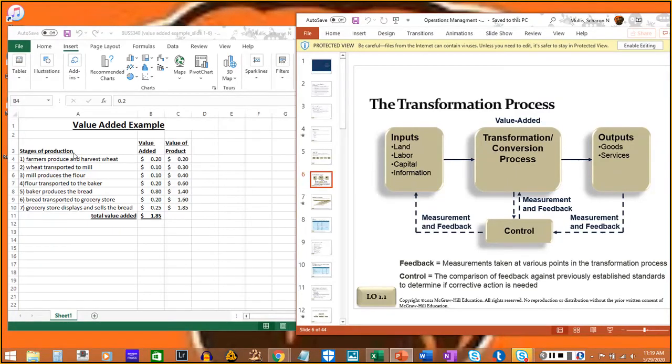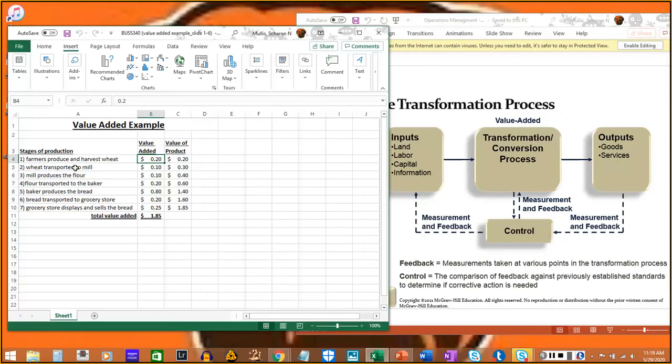So stage two would be the wheat is transported to the mill. So it's going from being produced and harvested by the farmer, and now you have to transport it. One thing I didn't mention is we have these dollar amounts here. So step one, the value added is 20 cents.